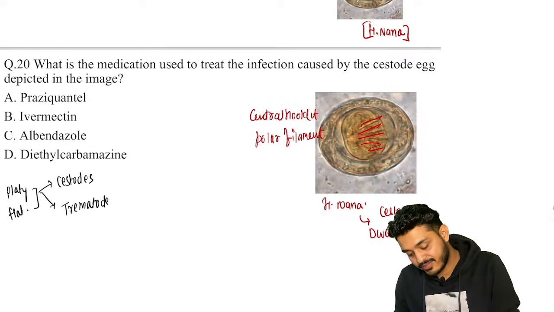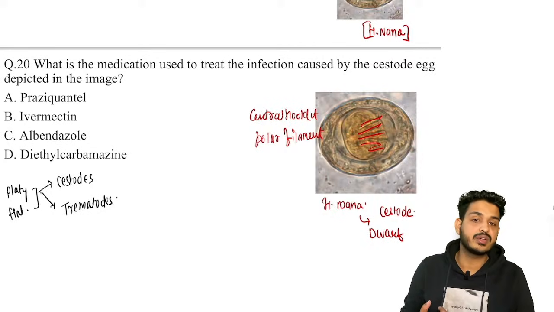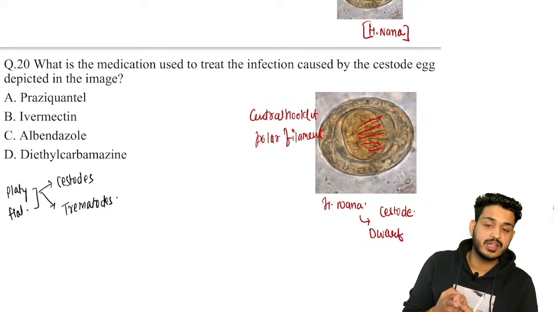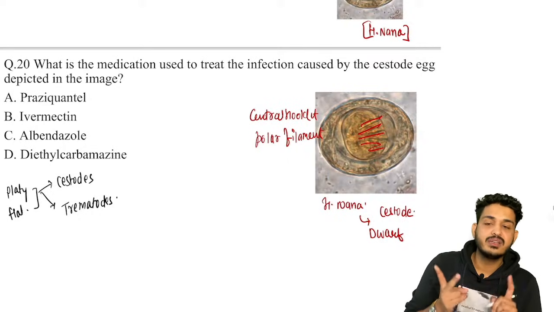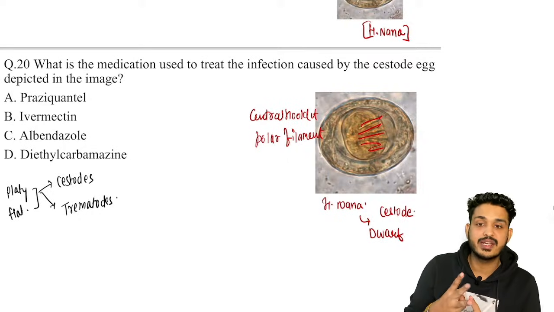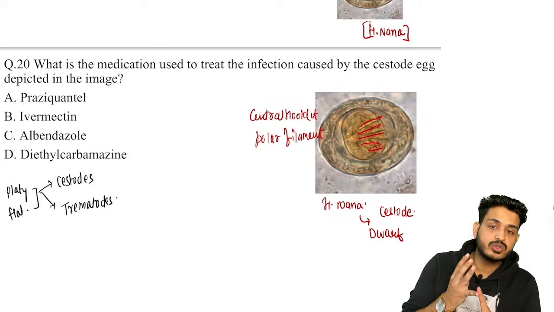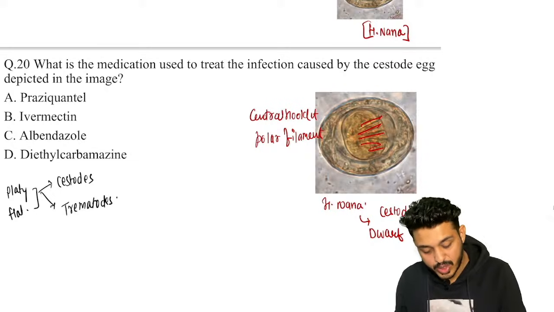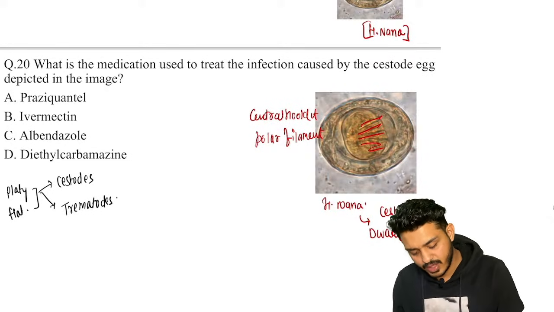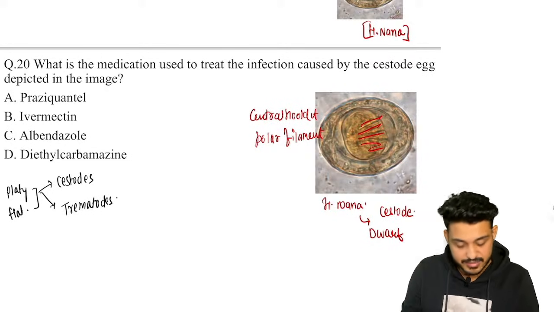In the cestodes, we have learned 5 organisms. If you can recall, we have Diphyllobothrium latum, the first one, D. latum, second one is H. nana, third one is Echinococcus granulosus, fourth one is Taenia solium, and the fifth one is Taenia saginata. These are the 5 organisms we have seen. And trematodes, we have seen 4 important organisms.